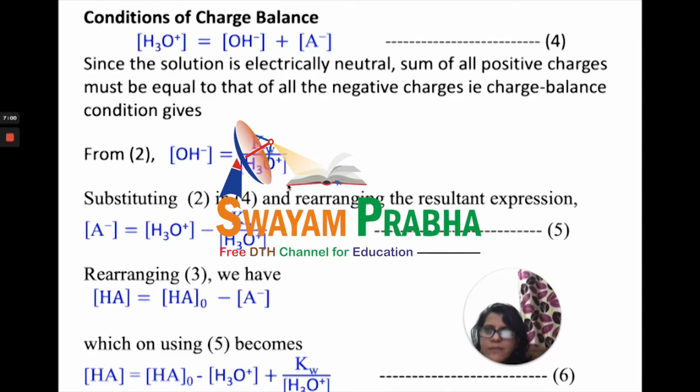I'm repeating, what have we done? We have written the expression for Ka, Kw, mass balance, charge balance. Using the Kw expression, we get the value of OH minus, which we substitute into the charge balance equation to get the value of A minus. That A minus is used in the mass balance equation to get the concentration of HA.